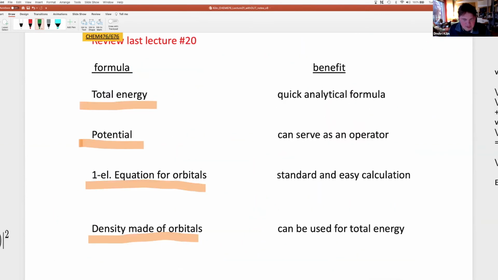So by now we know all theorems and all practical equations that are sufficient to write a computer code analogous to Gaussian or VASP to practice density functional theory and find electronic structure of molecules.